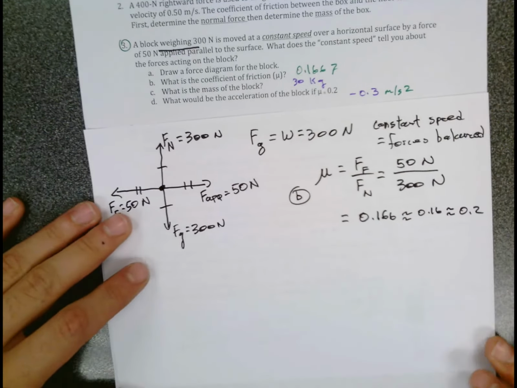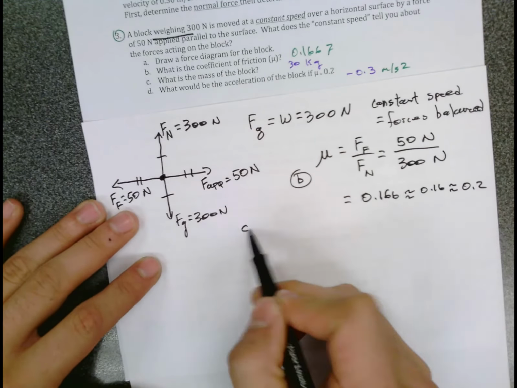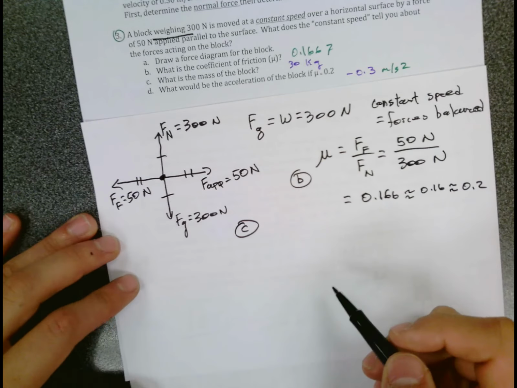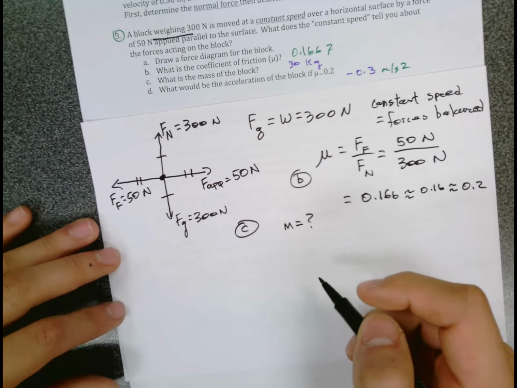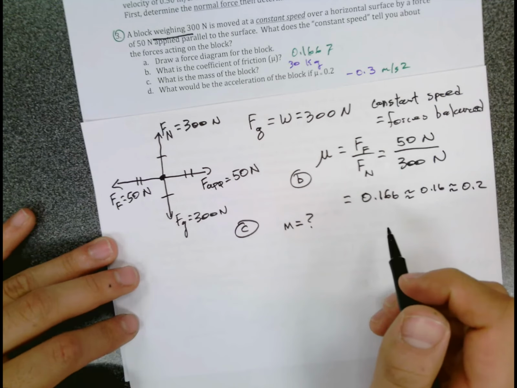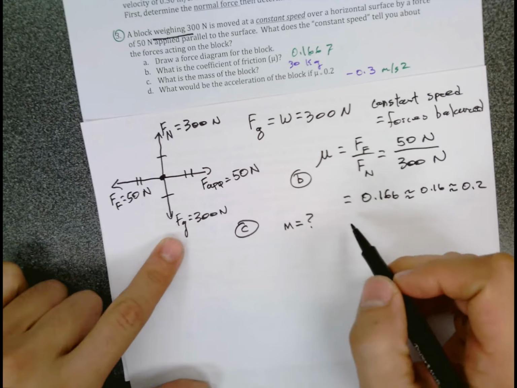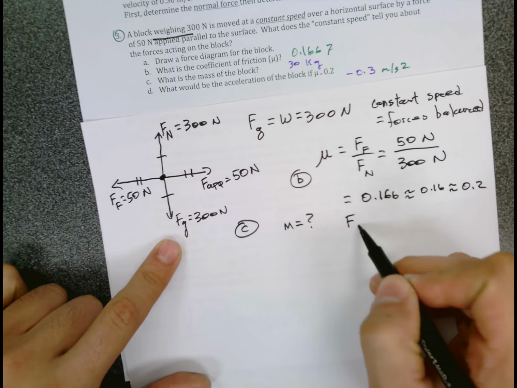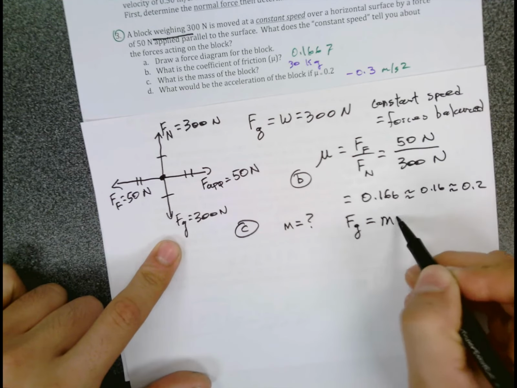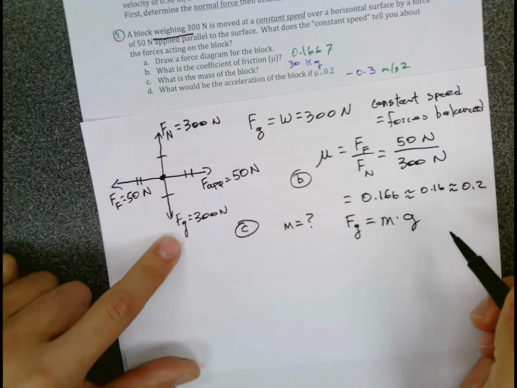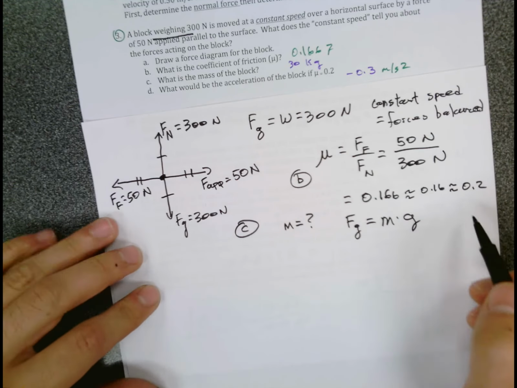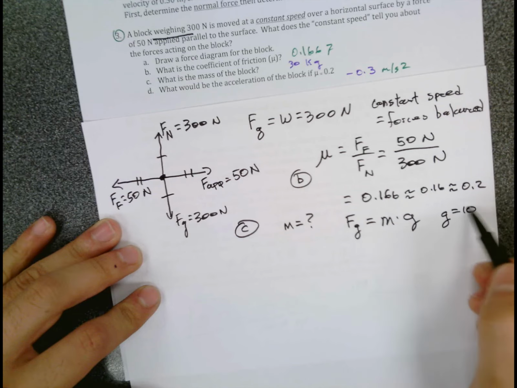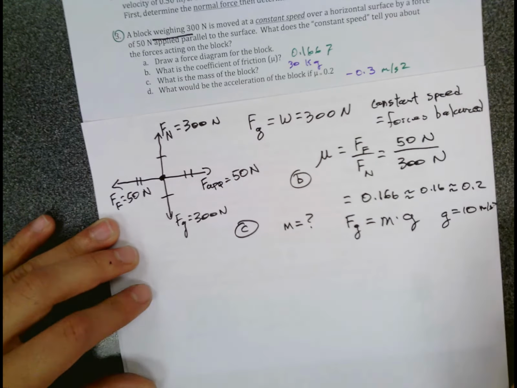Part C asks, what is the mass of the block? We know mass is the question mark. If you look at your equation sheet at all of the equations that have mass in them, one of the most appropriate ones would be Fg is equal to m times g. The force of gravity, which we have as a given, and we know the acceleration due to gravity is estimated to be 10 meters per second squared.